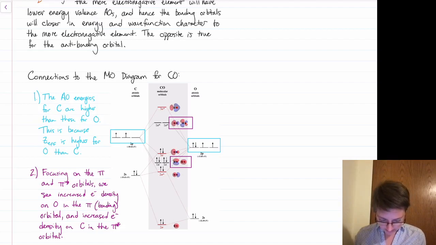A second thing that I want to notice, especially in an MO diagram where we're starting at this point to draw many, many lines, is that still our bonding orbitals are always lower in energy than our atomic orbitals, and our atomic orbitals are always lower in energy than our antibonding orbitals. Secondly, I want us to look at this comment in purple.